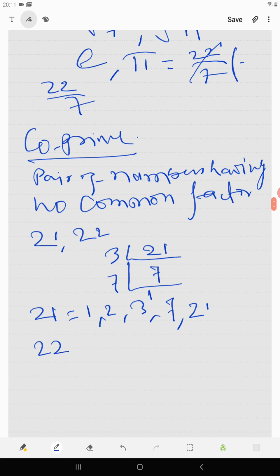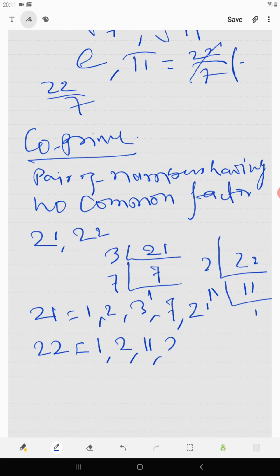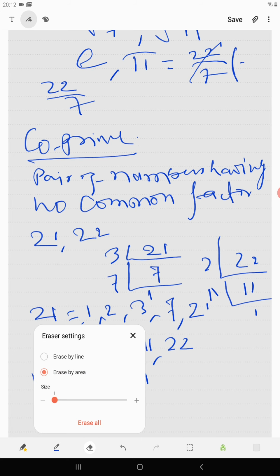I made some mistake for 21, there is no 2 over there.